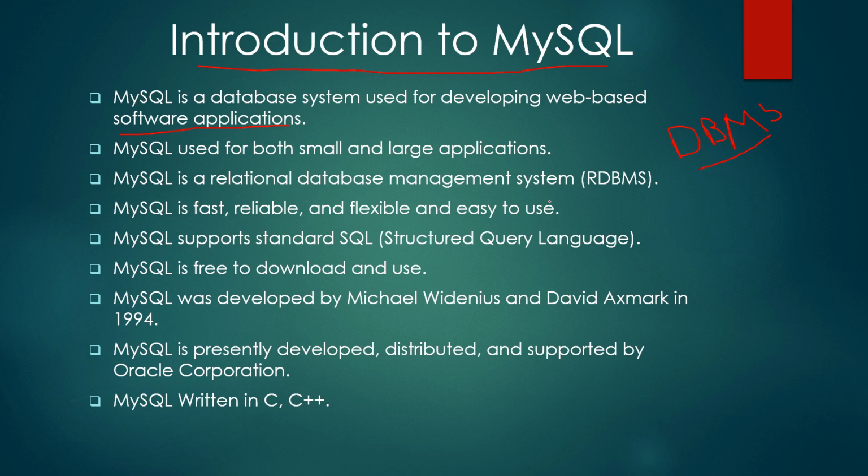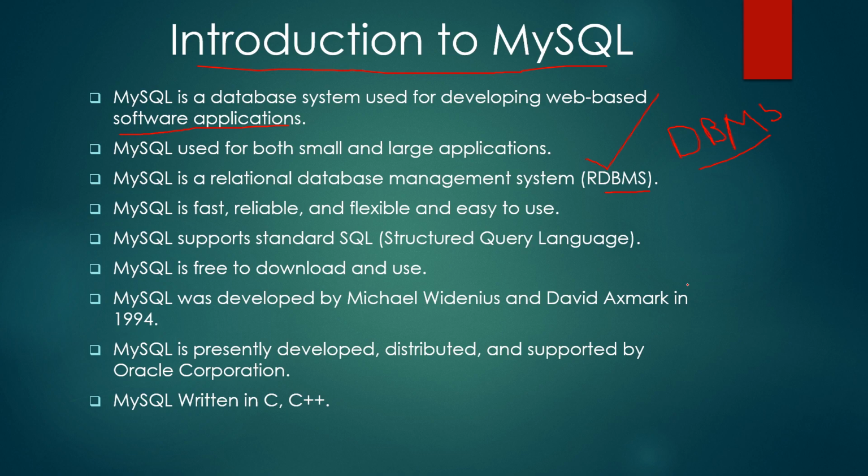MySQL is a relational database management system. It is called RDBMS. Now we already know what DBMS is, but relational means tables. Relation means the table. That means the data is stored in the form of tables. In MySQL, the data is stored in the form of tables, rows and columns.